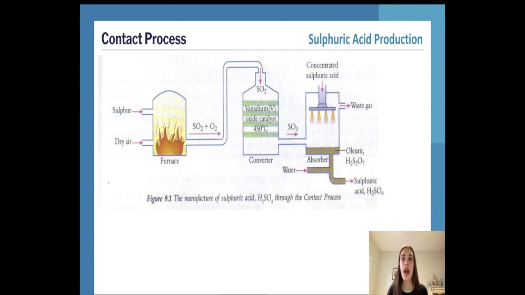This sounds great, but you aren't going to produce much sulfur trioxide every day, because the vast majority of what you are passing over the catalyst is oxygen. And if you're putting mostly just oxygen over the catalyst, it's not actually going to have any sulfur dioxide to react with, and so nothing's actually going to be produced.